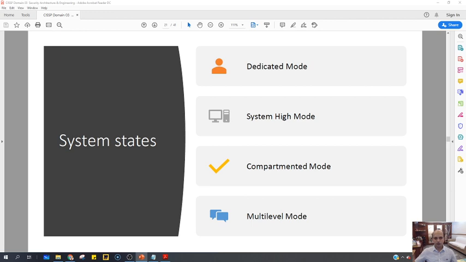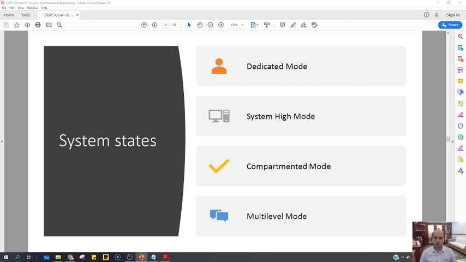With this, I want to say that any particular system, be it a mobile phone, any IT system, whether it is a firewall or a computer, whatever it is, has some modes: dedicated mode, system high mode, compartmented mode, then multi-level mode. Each mode has some functions.